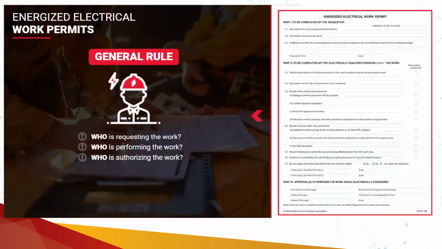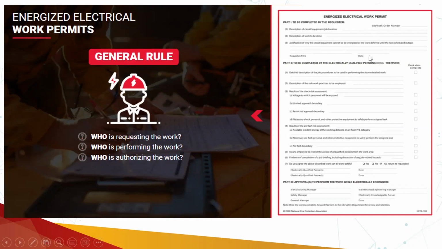So what is the general rule for the energized electric work permit? Who is requesting the work, who is performing the work, and who is authorizing the work. There are three things: who is requesting the actual work, who is going to perform that particular work, and who is authorizing that work.